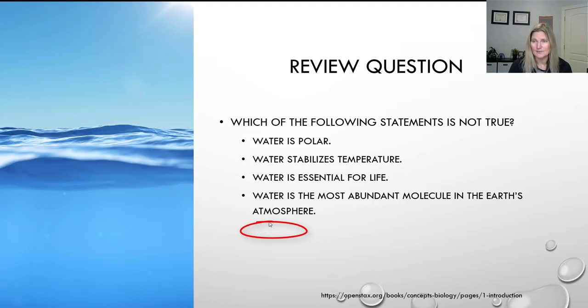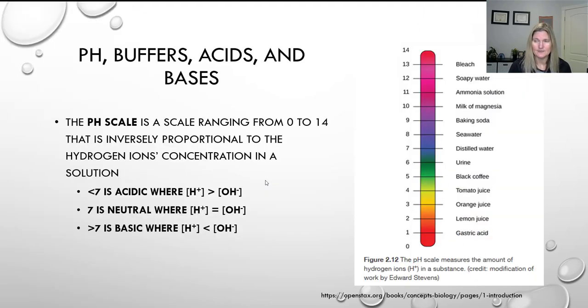So remember, our pH scale is a logarithmic scale. So every time we move down the scale by a factor of 1, we're increasing the hydrogen ions by a factor of 10. Okay, so when we're comparing tomato juice and lemon juice, orange juice has 10 times more hydrogen ions than tomato juice.